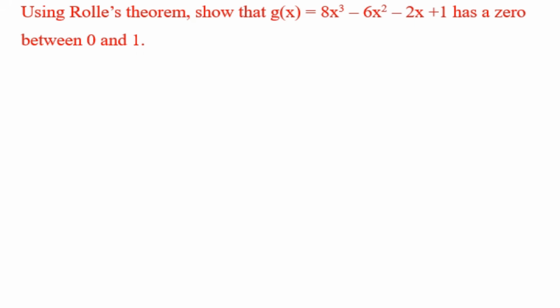Using Rolle's theorem, show that g of x equals 8x cube minus 6x square minus 2x plus 1 has a zero between 0 and 1.